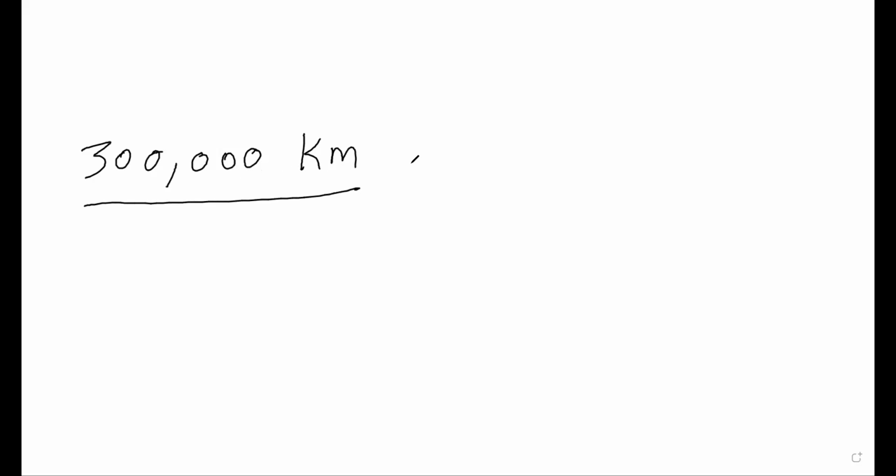To know the distance covered by the light in 1 year, we should multiply this number by 60 to know the distance covered by the light in 1 minute. Then multiply the result by 60 again to know the distance covered by the light in 1 hour.